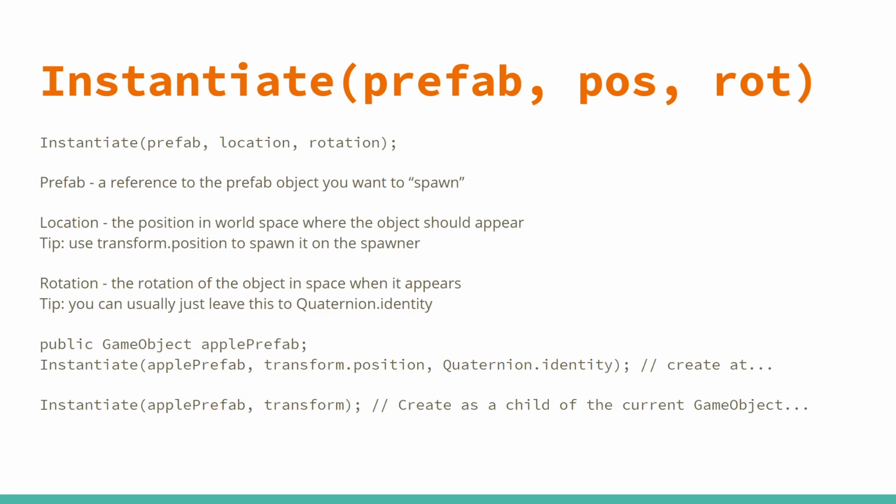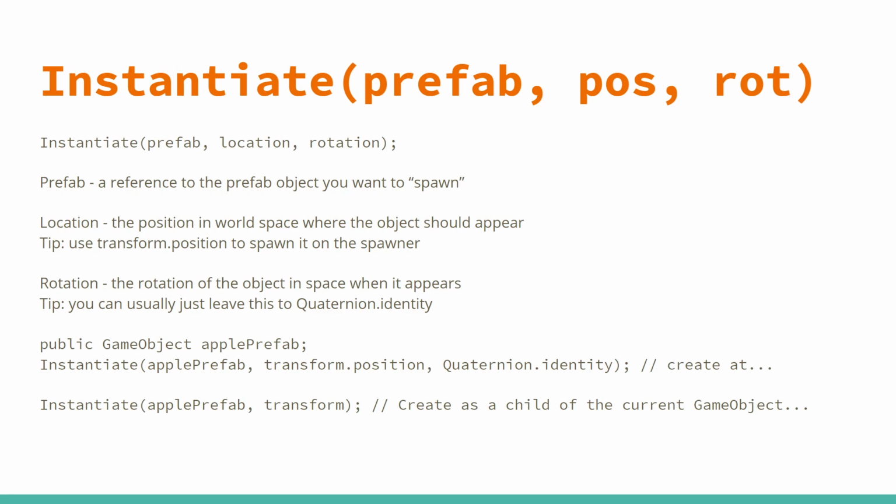So, like I said, instantiate is an overloaded function, but this is the version of it we'll use a lot. We pass it the prefab that we want to instantiate, so we give a template to create a new object from. You can play games on the fly where you give instantiate an existing object in your scene and have it create another instance of that object even though it wasn't a prefab in the first place.